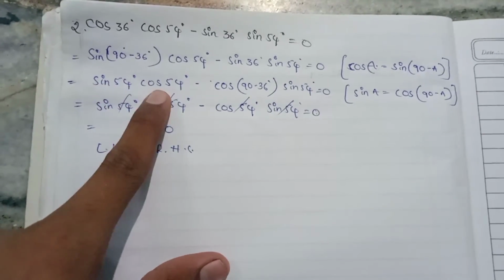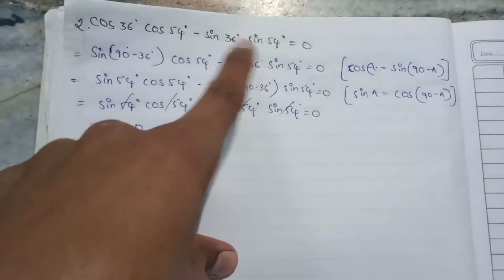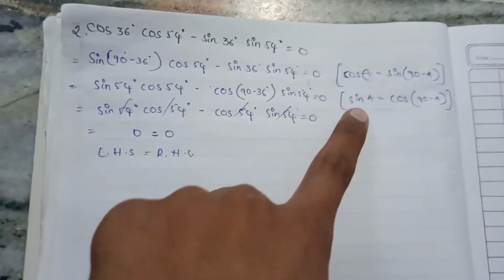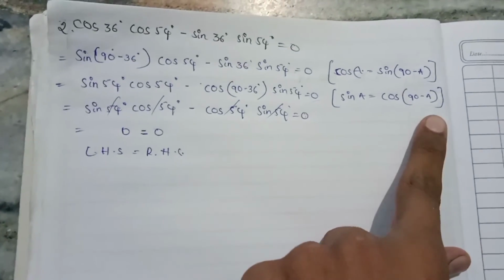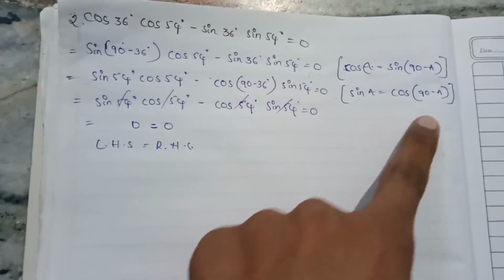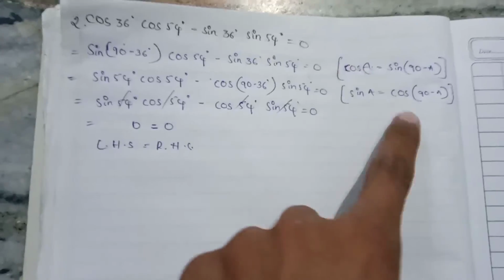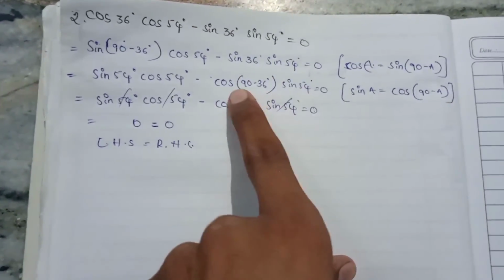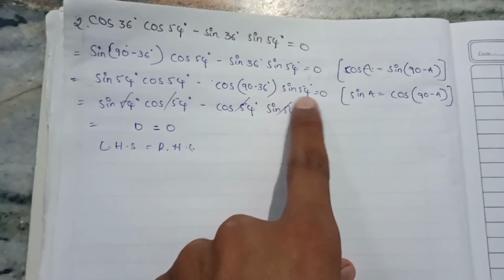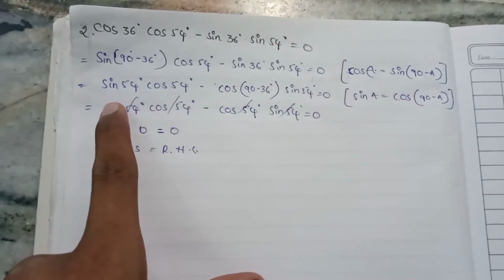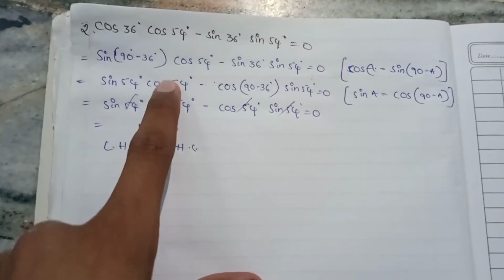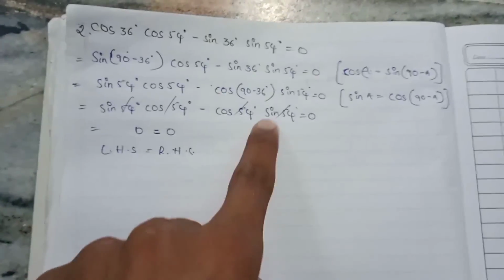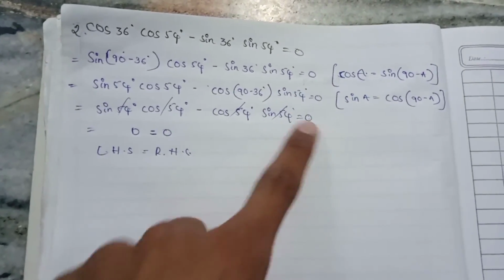Sin 54 degrees cos 54 degrees minus, let us check the value of sin 36 degrees. Nothing but sin A. Sin A is equal to cos (90 minus A). See here, in the place of sin 36 degrees, I have written cos (90 minus 36), 54. So sin 54 degrees cos 54 degrees minus cos 54 sin 54 degrees is equal to 0.